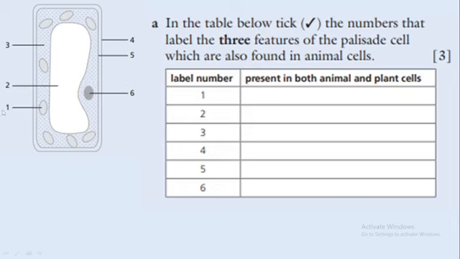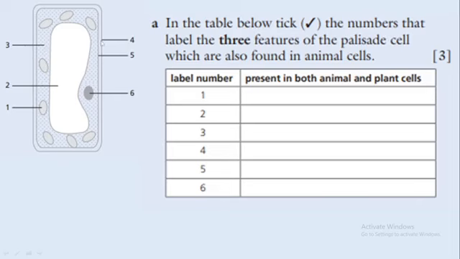We said 1 is the chloroplast. The chloroplast is only present in this palisade cell. Then 2 is the vacuole. The permanent vacuole is only present in the palisade cell, not in the animal cell. Then 3 is the cytoplasm. This cytoplasm is present both in a palisade cell and the animal cell. So we have identified the 3.